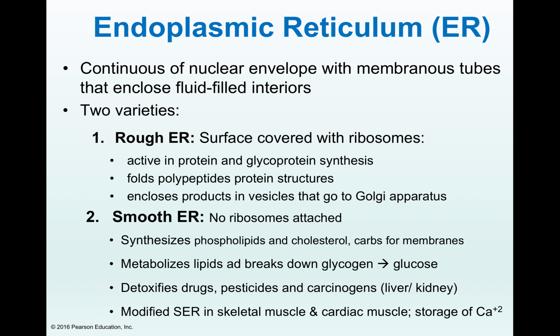Now, if we have endoplasmic reticulum, but there are no ribosomes attached to its surface, we refer to that as smooth ER. So smooth ER lacks ribosomes, creating a smooth surface. The functions associated with the smooth ER include synthesizing phospholipid bilayer components such as your phosphate and fatty acid tails, as well as cholesterols and carbohydrates for your plasma membrane. It also has other functions depending on the specialized cells.